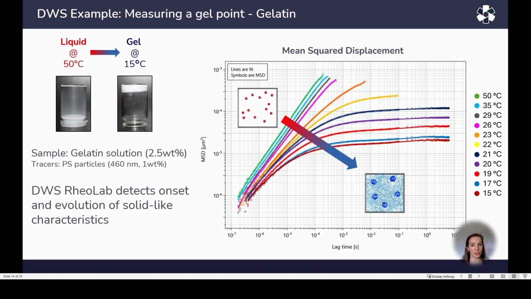At high temperatures, the MSD shows a slope of 1, indicating a liquid sample. Upon lowering the temperature, the slope changes. Especially the slopes at temperature 23 and 22 degrees show a clear change from a liquid state to a gel-like state. At 21 degrees, already a clear plateau shows, indicating an arrested sample.